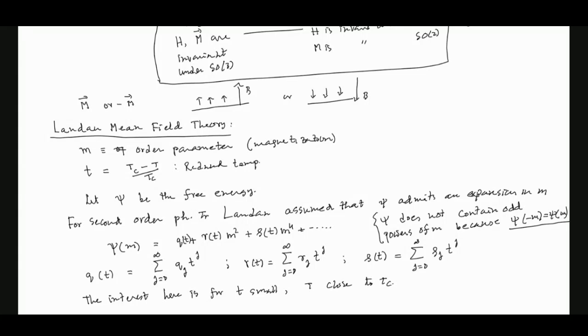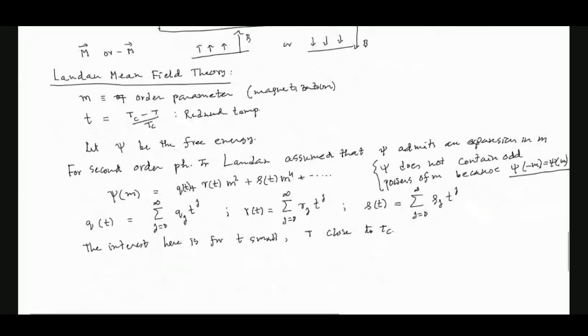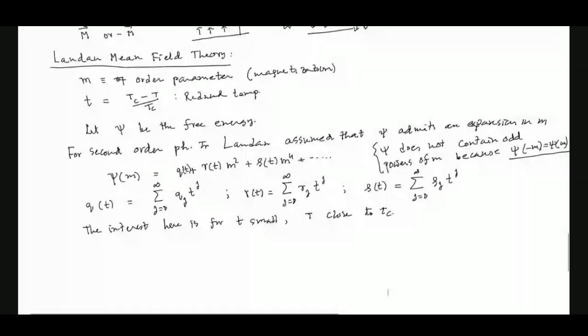That's our interest. So even though this depends on these powers, since t is small, we can actually neglect higher order terms and look at certain initial ones. Now, the equilibrium property will definitely correspond to minimum of the free energy. So let us try to minimize.